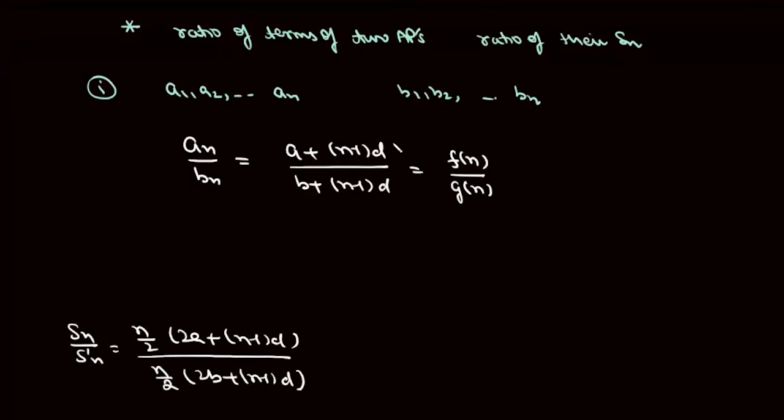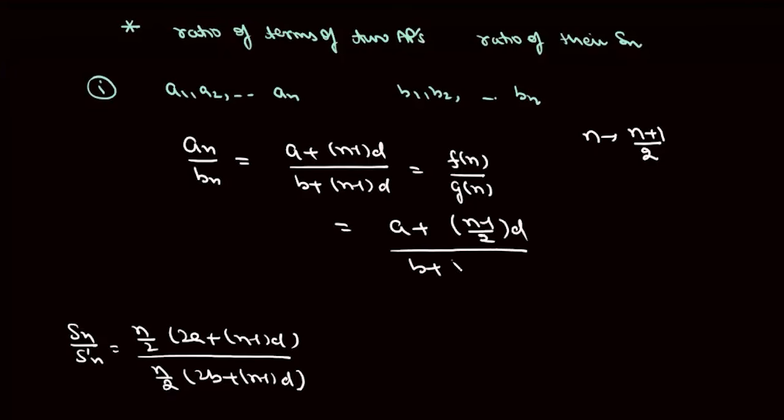Now here we'll replace n with (n plus 1) by 2. So we can write this as a plus (n minus 1) by 2 d, and b plus (n minus 1) by 2 d, and it'll be this f((n plus 1) by 2) upon g((n plus 1) by 2).